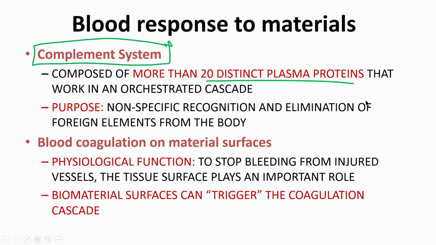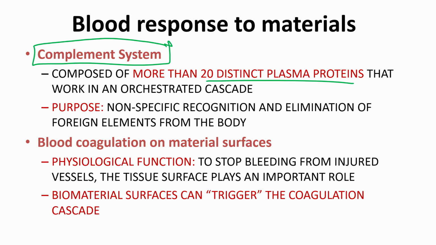And then there is of course blood coagulation on the material surface. So, this is a physiological function to stop bleeding. So, if the blood comes in contact with anything which is not an endothelial surface, the body knows that it should not be like that. It could be because it might be bleeding out. So, the body then triggers a cascade of pathways that causes clotting of the blood at the site where it is not the endothelial site anymore.